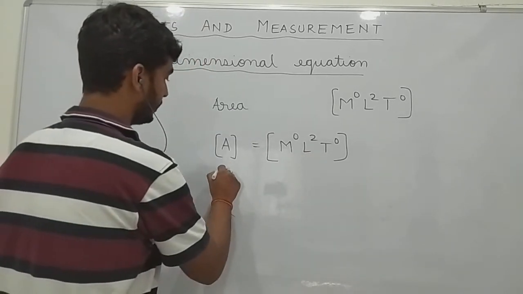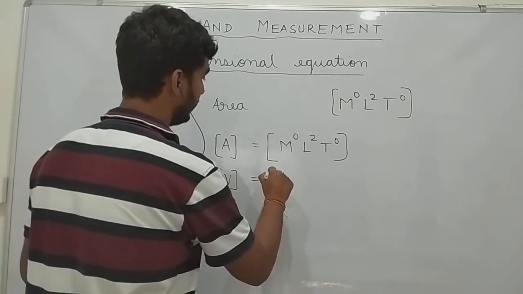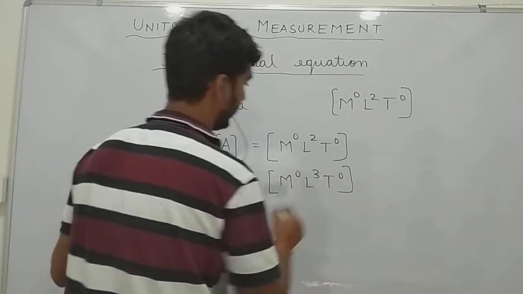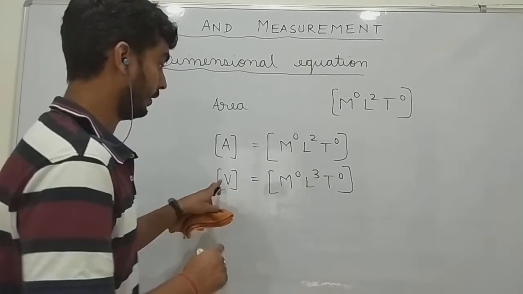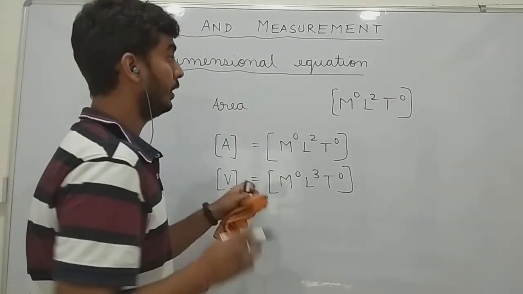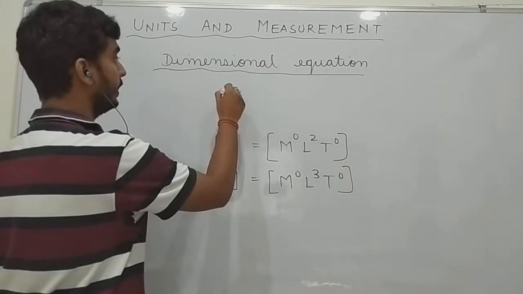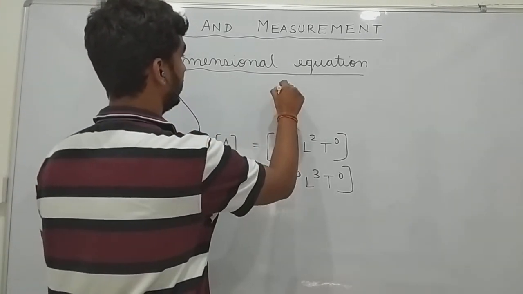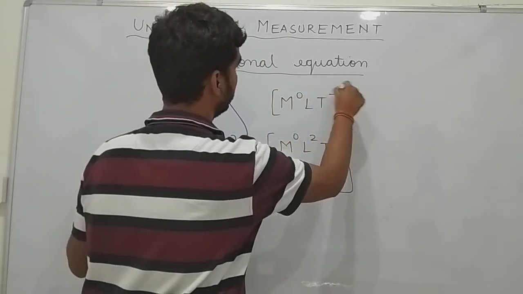Similarly, we have also seen the dimensional formula for volume. So the dimensional equation representing volume will be m0 L cube t0. The dimensional formula for volume is m0 L cube t0, and it is written on the RHS. So this is the dimensional equation for volume. Similarly, velocity we discussed in the last class. The dimension of velocity will be m0 L t minus 1.